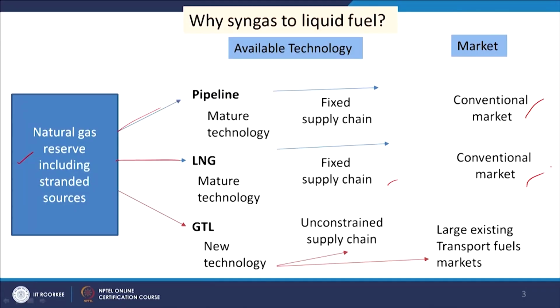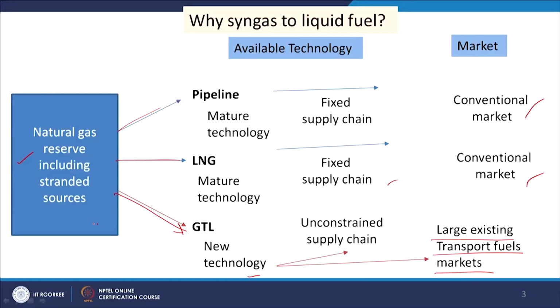So, these are the two conventional routes, but if we go through this third route, that is the GTL route, then this is a new technology, and here we get a large existing transport fuels market, we have a good market and we can get chemicals also. So, that is the advantage, and that is why people are trying to convert it into liquid fuels.